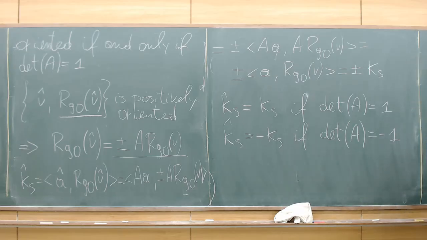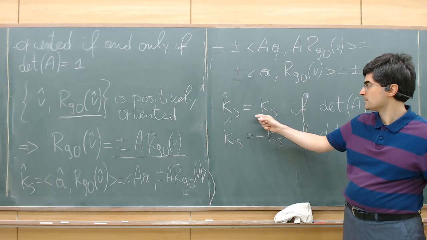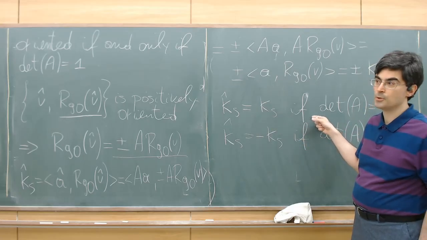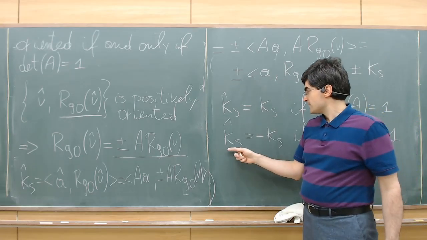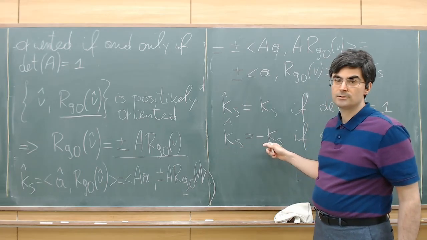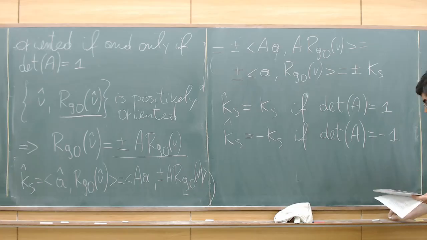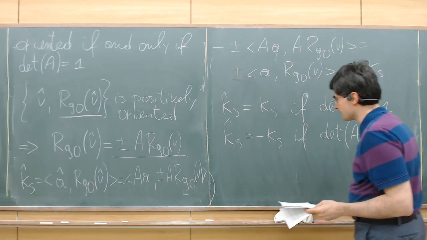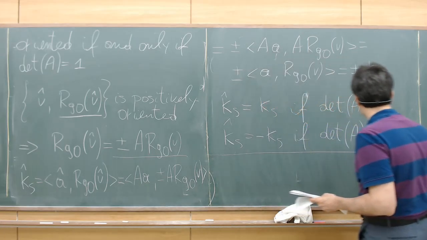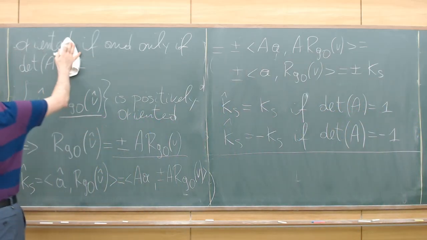In other terms, the sign curvature is invariant if the rigid motion is proper. Instead, the sign curvature changes sign if the rigid motion is improper. And this is the end of the proof.